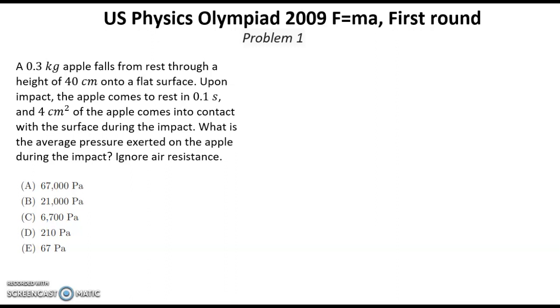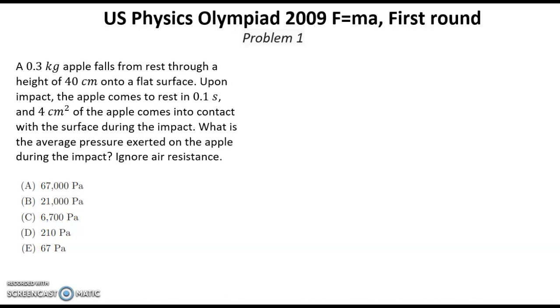So for this contest there were 25 problems, and 75 minutes were given. So first problem: a 0.3 kilogram apple falls from rest through a height of 40 centimeters onto a flat surface.